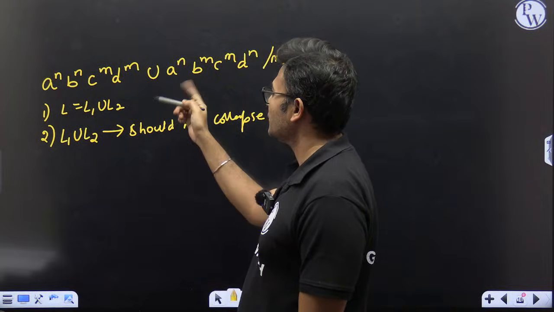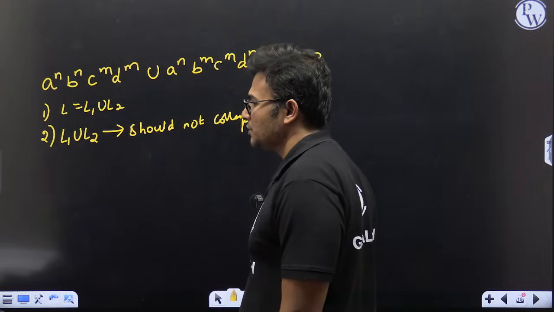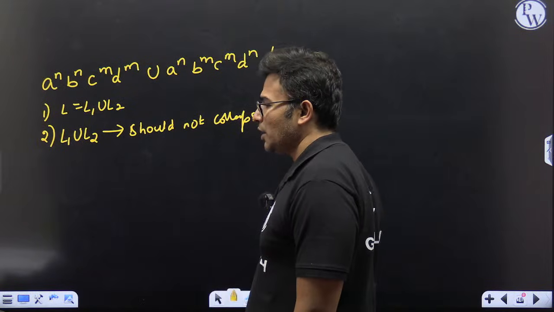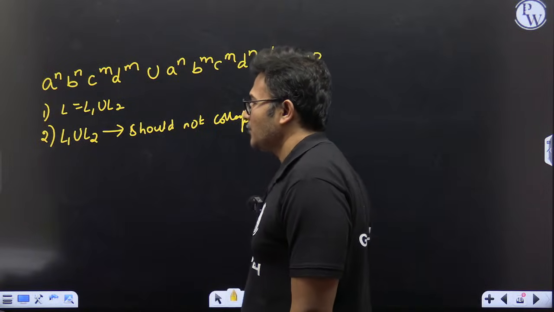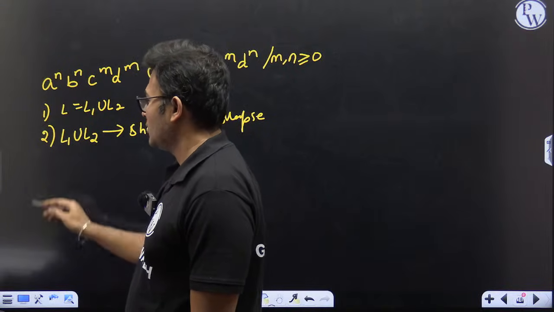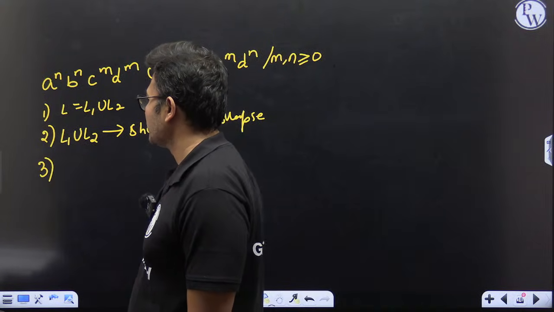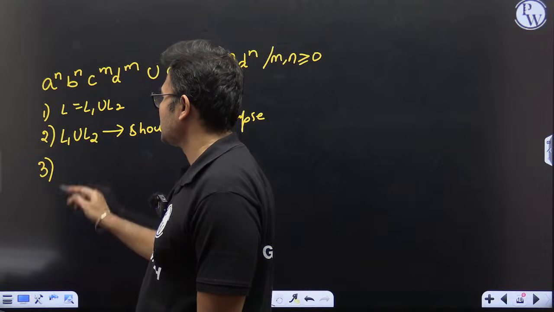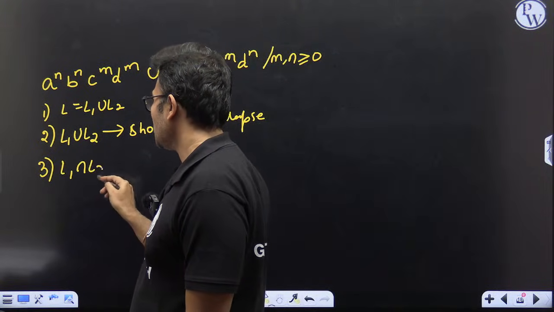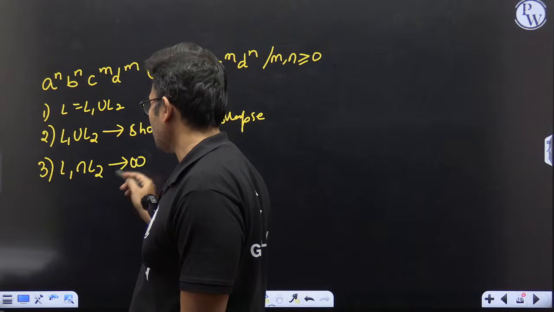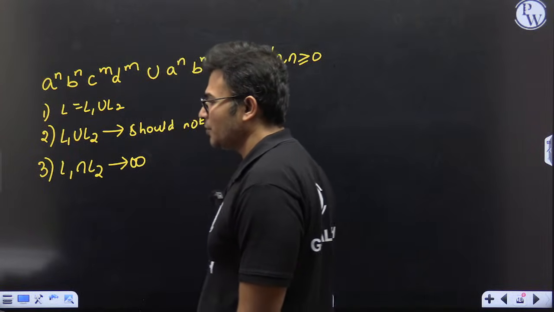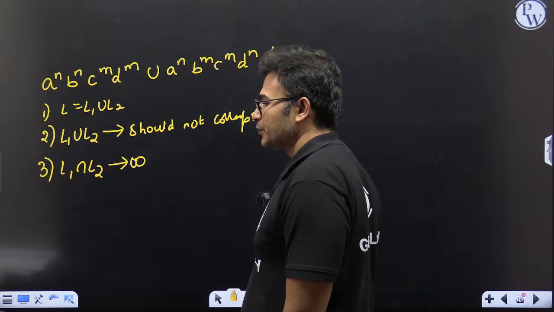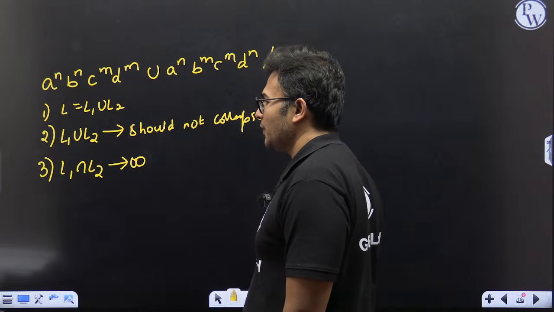So here these two languages will not collapse into a single language, right? Now rule number 3 says L1 intersection L2 should be infinite, right?